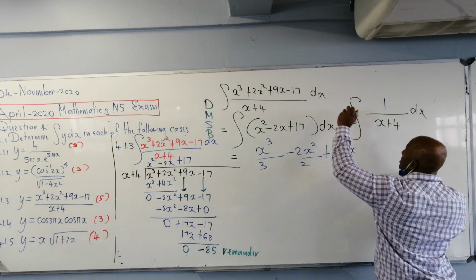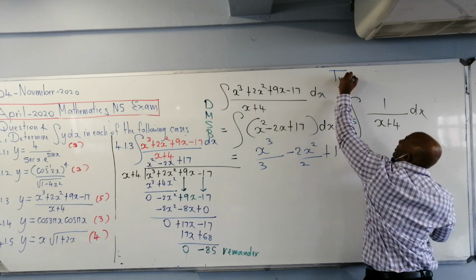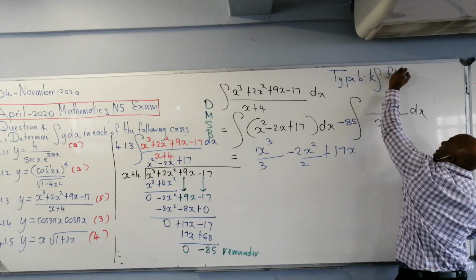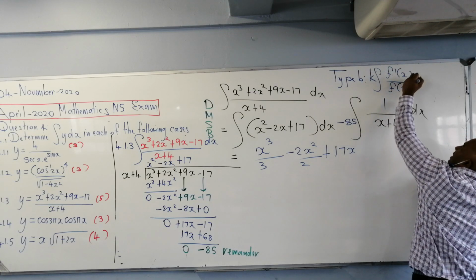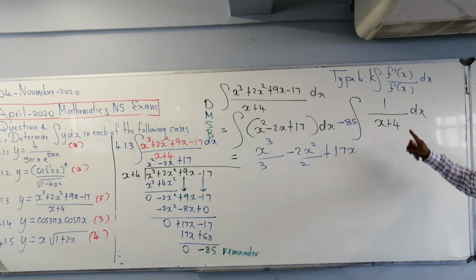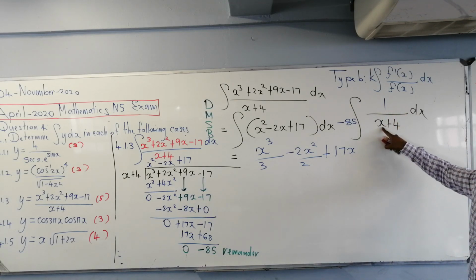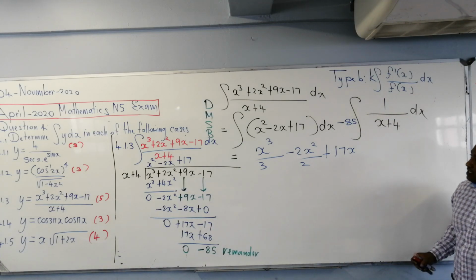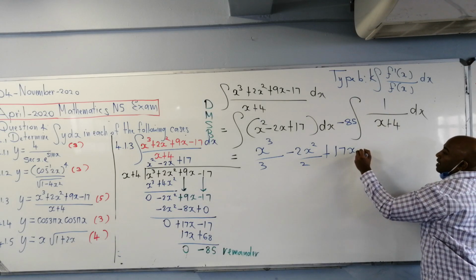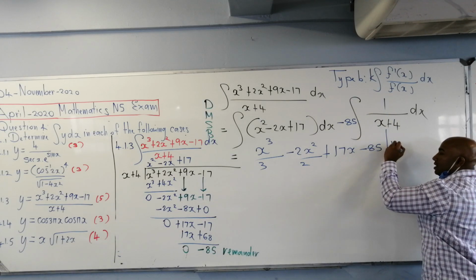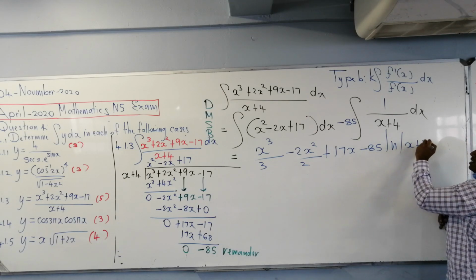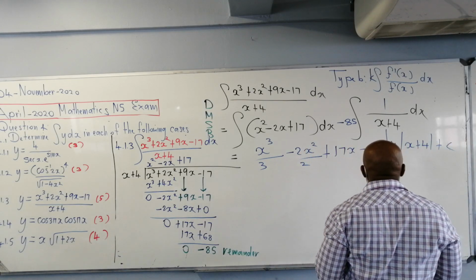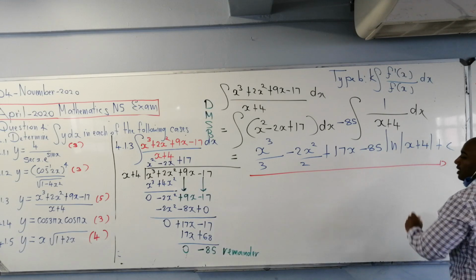So this one here is your type B, where the numerator is f prime x, the denominator is f of x. Numerator is 1, denominator is x plus 4. The derivative of x is 1. So that's why f prime x over f of x. And the answer will always be ln absolute value of the denominator plus c. And that was 5 marks.